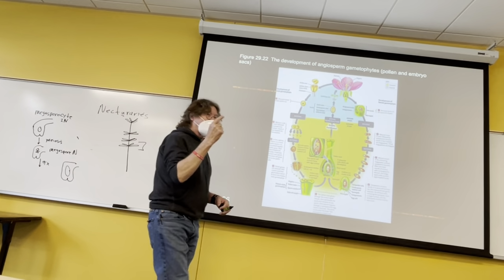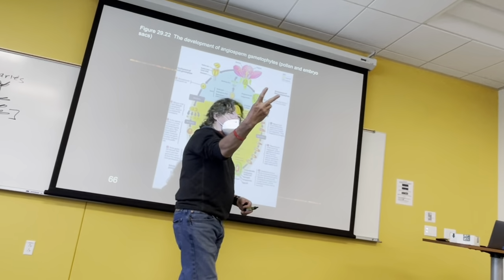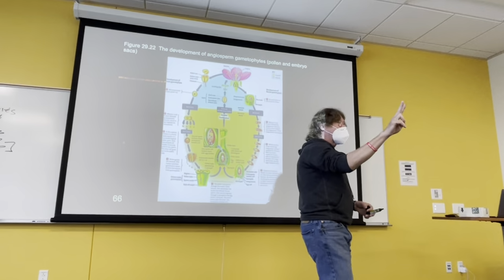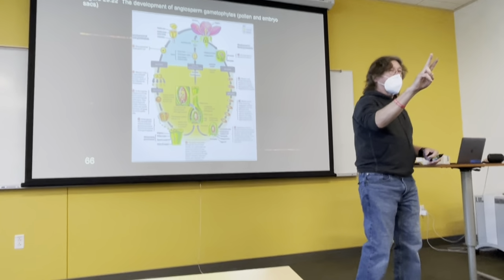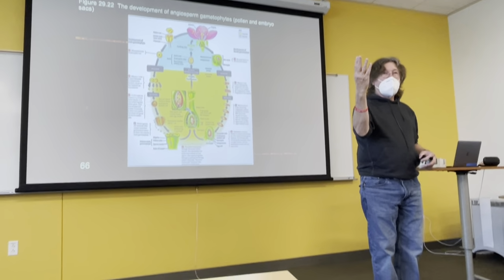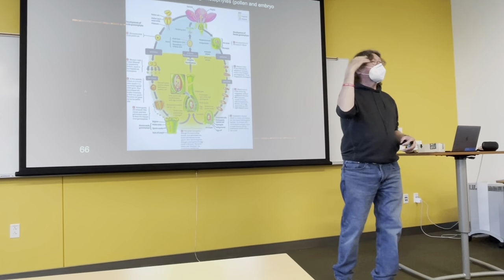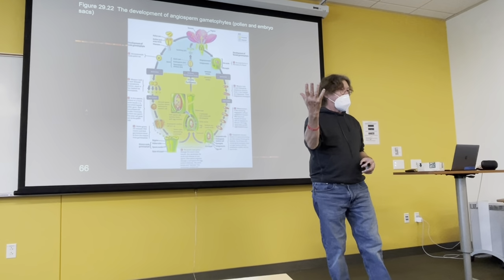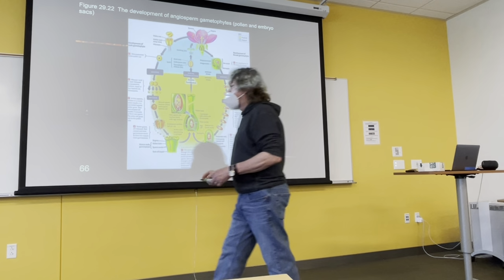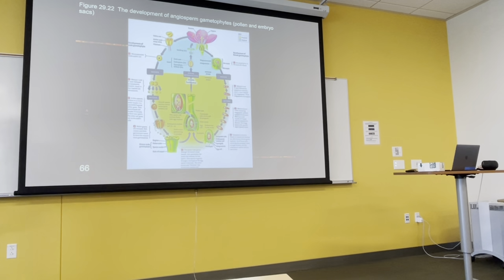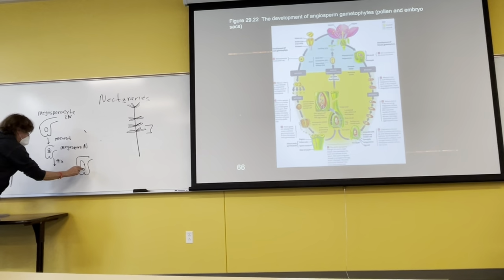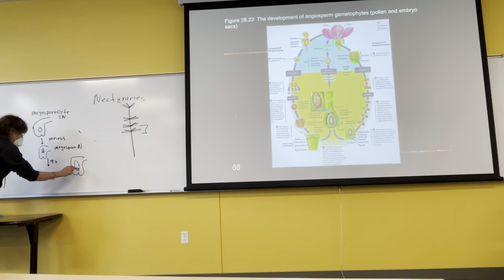Okay, so when the megaspore divides first, we have a female gametophyte consisting of 2 cells. They divide again, 4 cells. They divide again, 7 cells, 8 nuclei. Okay, so they will have, down where the micropyle happens to be, 3 cells, right there.